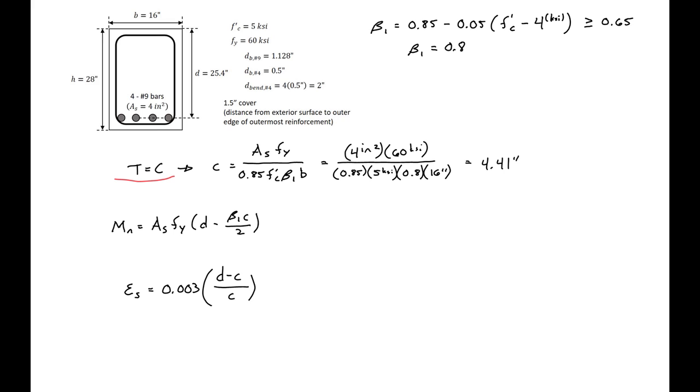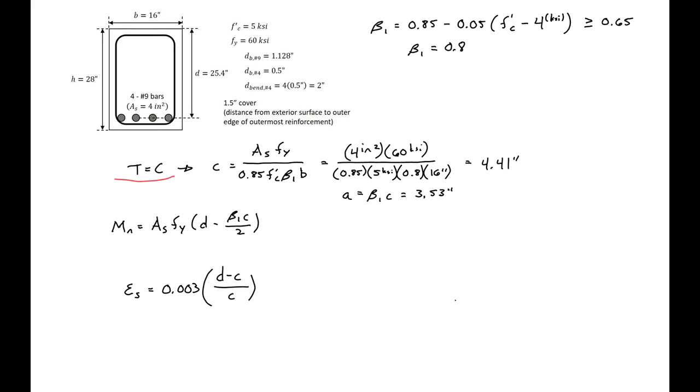Remember that our A is equal to beta 1 C. So 0.8 times 4.41 is 3.53 inches.